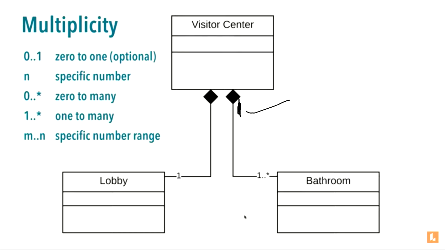Bathroom has one visitor center. Yes, right. Good job. Everyone, all 47 students. And this bathroom has one visitor center. There is one bathroom. No, Tanu, there is one bathroom in visitor center.